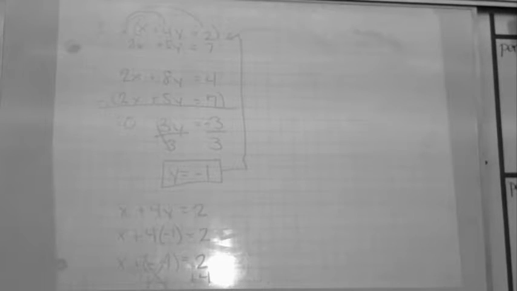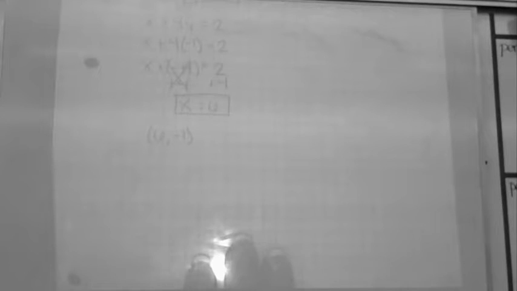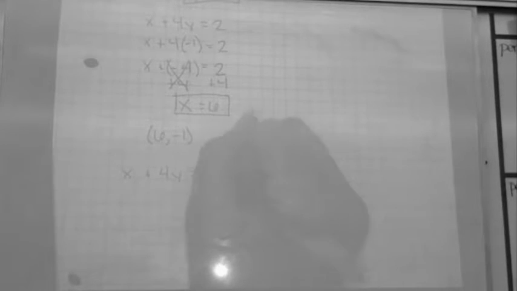I want to go back and check it if I would like to. So if I was doing a quiz or a test and I really wanted to make sure I had the right answer, I would go back and plug this in. So all I need to do is plug in the value of x and the value of y into the original equation. So it's x plus 4y equals 2.